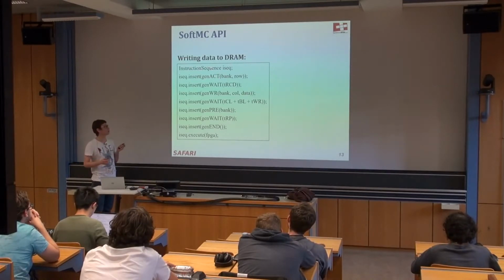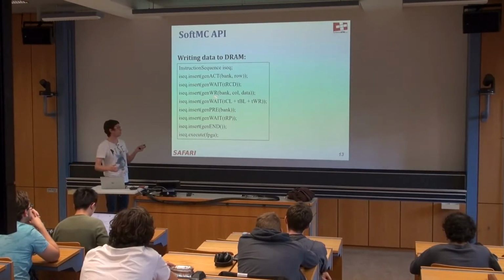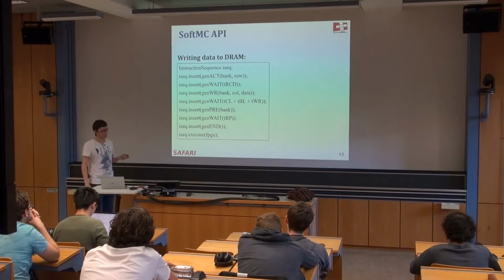We create this instruction sequence, insert a bunch of commands into it, and then run this execute function to send these commands to the FPGA, and the FPGA executes those in order.